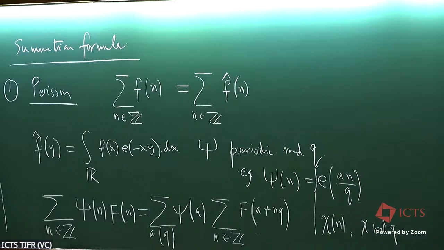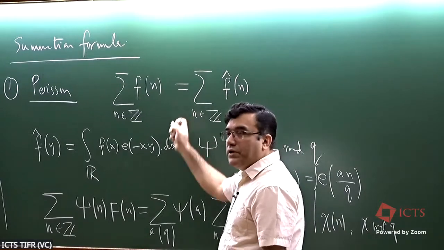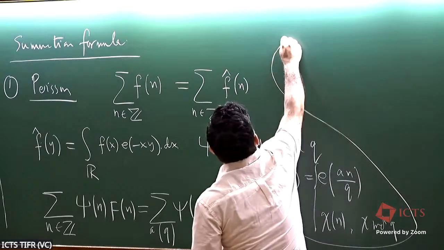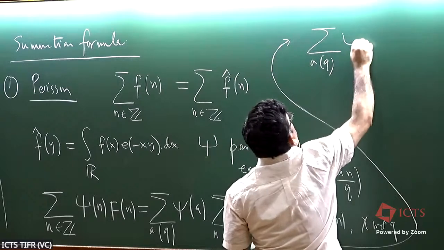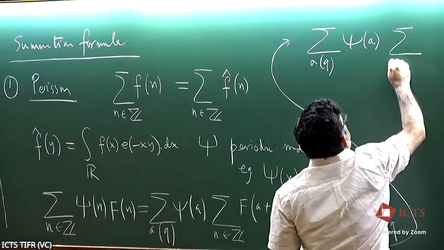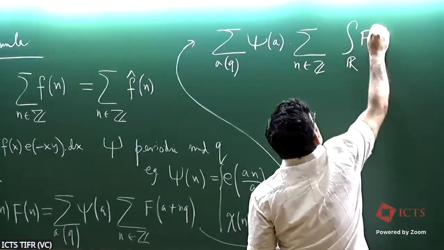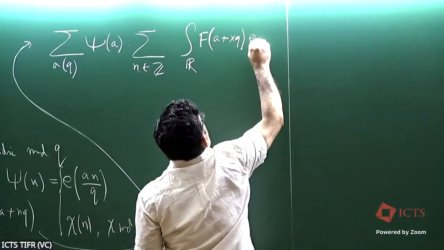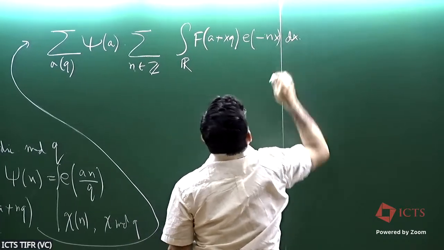Because this fits nicely with the formula, I can apply Poisson to this one. Then I get the sum over a modulo q, psi(a), the sum over all integers of the Fourier transform, the integral of F(a + xq) e(-nx) dx.